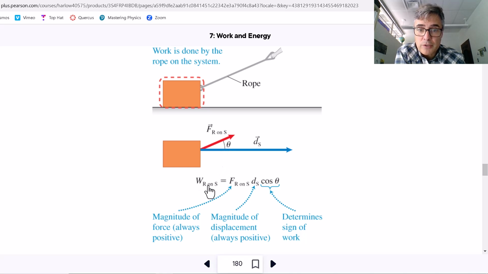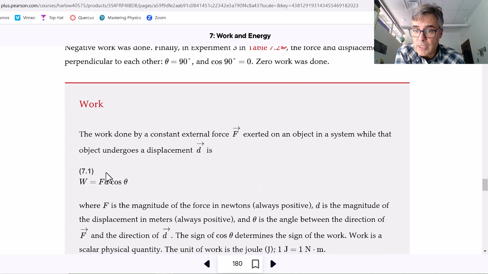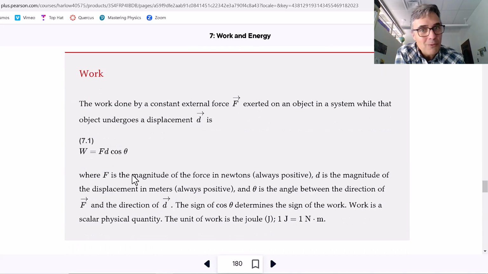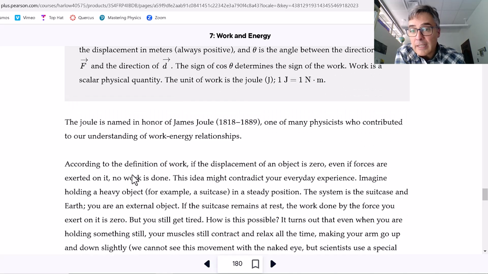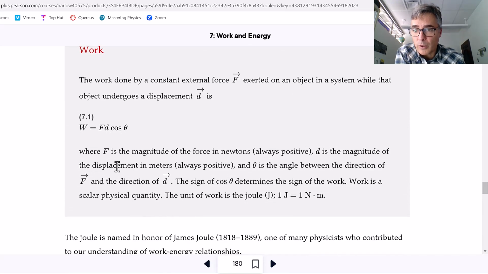Our equation for the work of the rope on the system is the magnitude of the force times the magnitude of the displacement times cosine of theta. That's equation 7.1, which is a good one to have on your aid sheet. Cosine can be positive or negative, and that's what makes the work positive or negative.